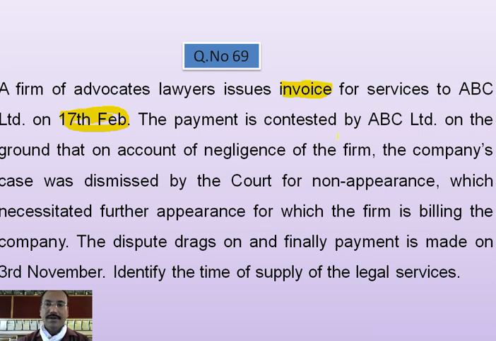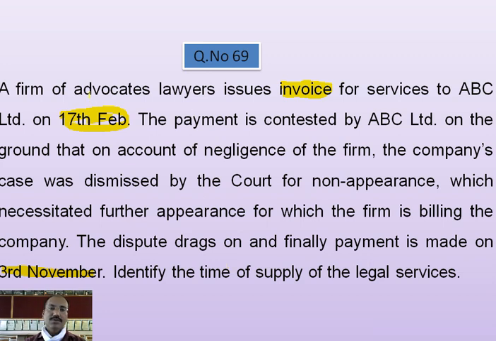Then the payment is contested by ABC Limited on the ground that on account of negligence of the firm, the company's case was dismissed by the court for non-appearance, which necessitated further appearance for which the firm is billing the company. The dispute drags on. Finally the payment is made on 3rd November. So issue date is there, then payment date is there. Identify the time of supply of service.